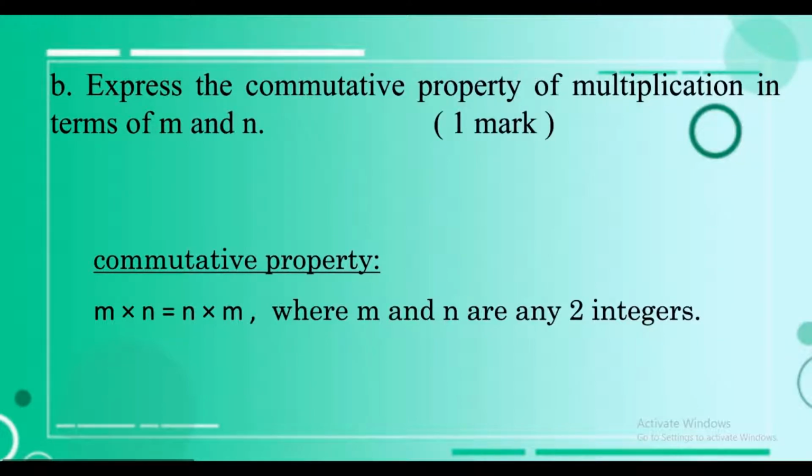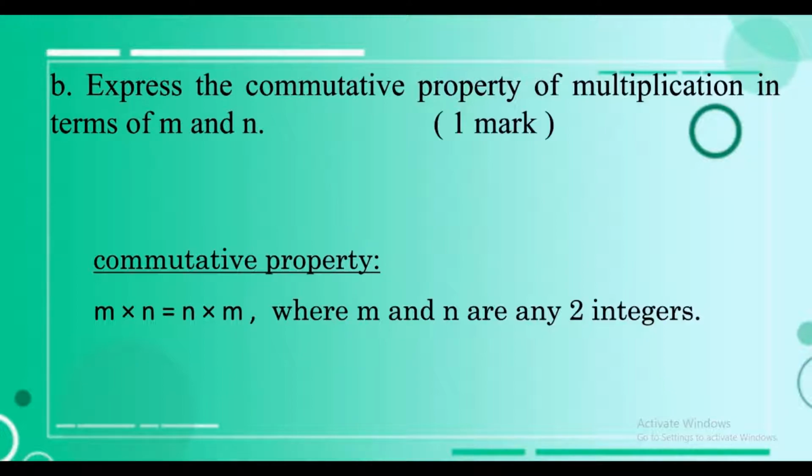The next one, express the commutative property of multiplication in terms of m and n. You know what is commutative property? Commutative property means when you multiply any two numbers in any order, the product is not going to change.